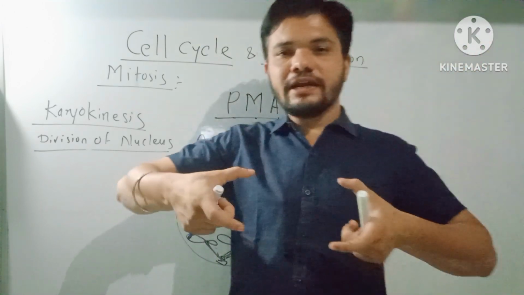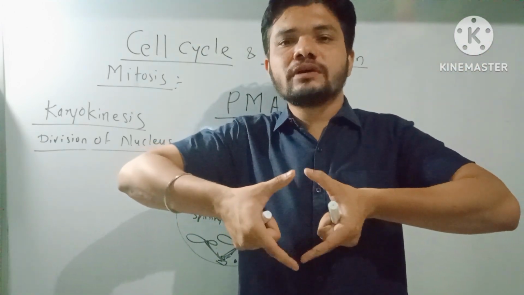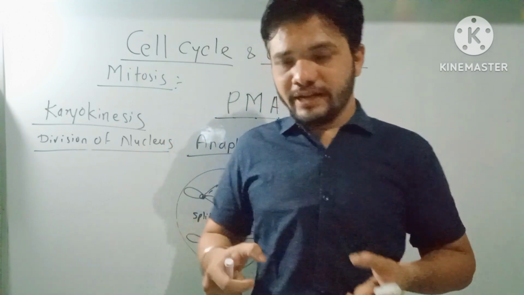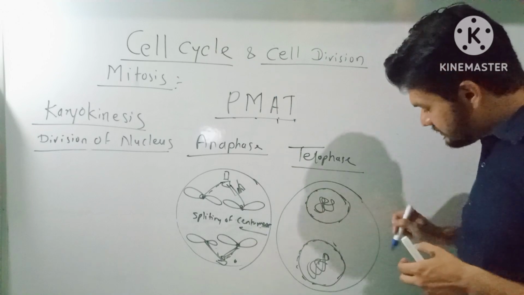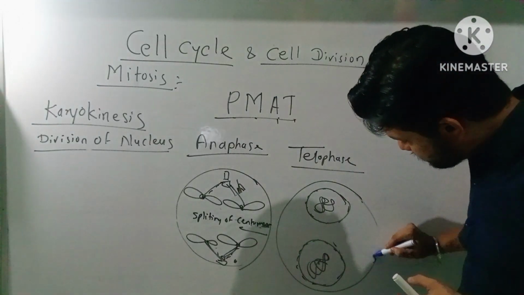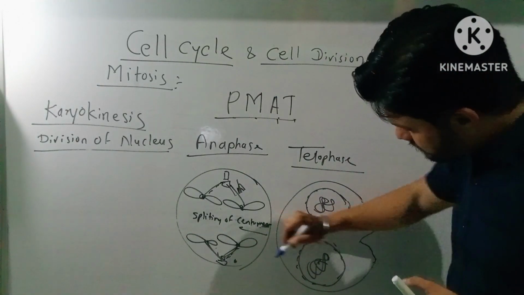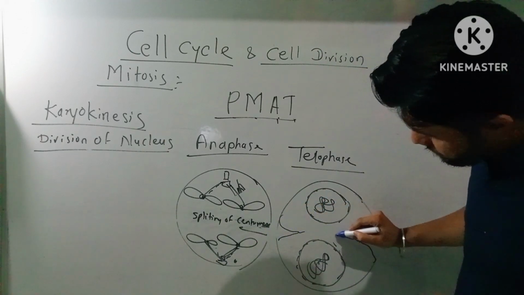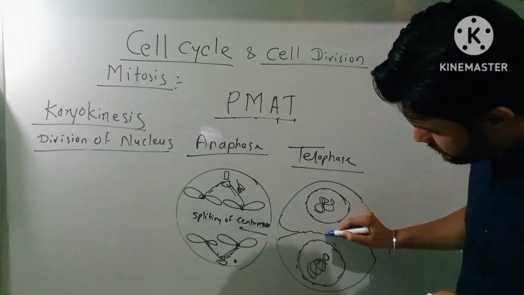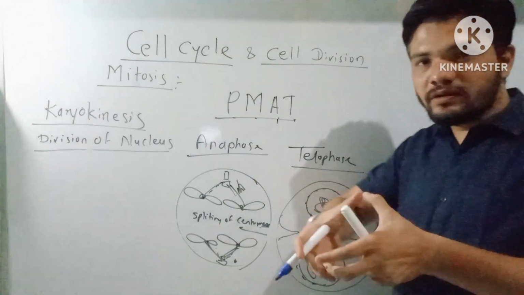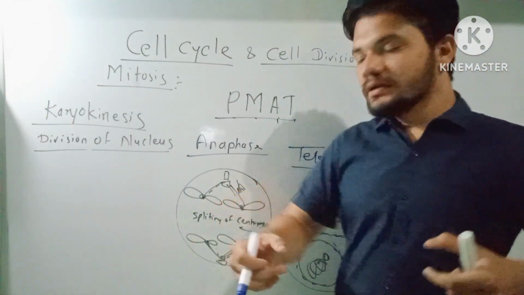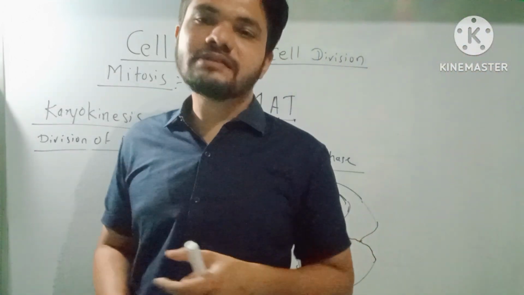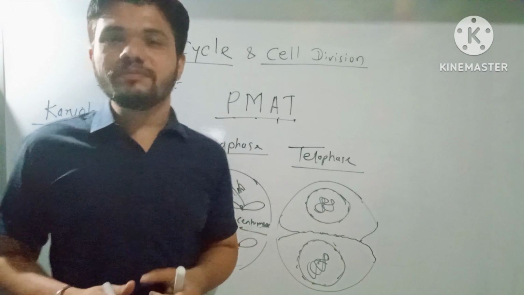It will be elongated, and the furrow will be produced in that cell, which will lead to new plasma membrane synthesis like this. And ultimately, these membranes will join to each other, and they will produce a new cell. This kind of cytokinesis takes place in the animal cell.